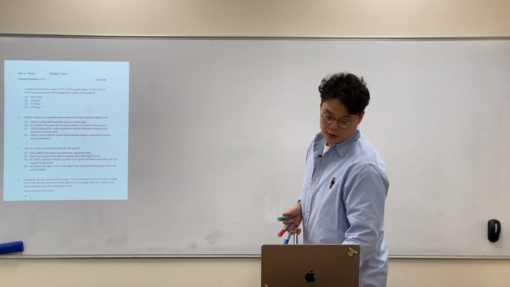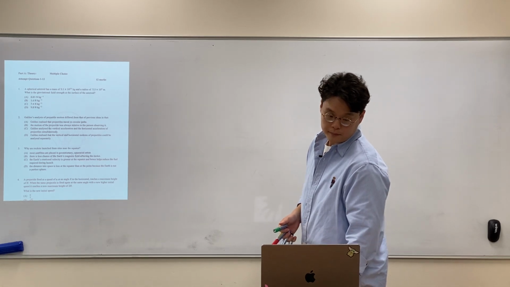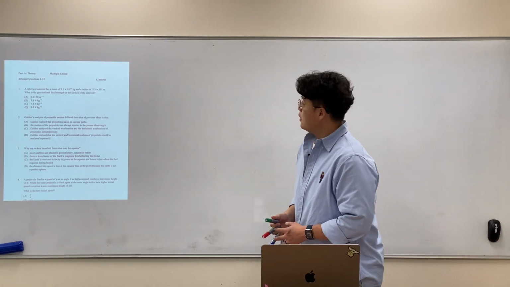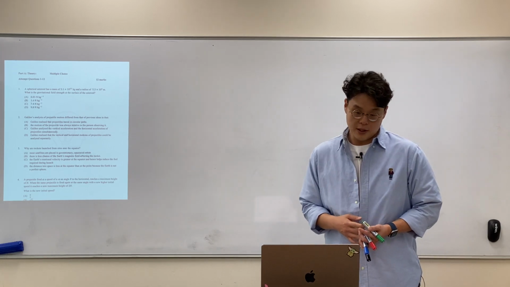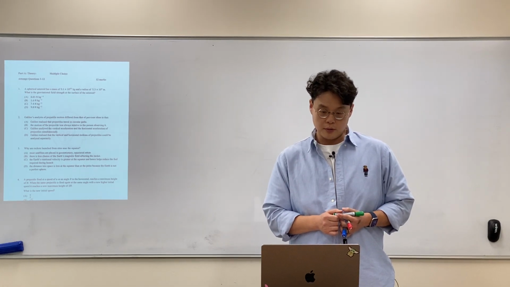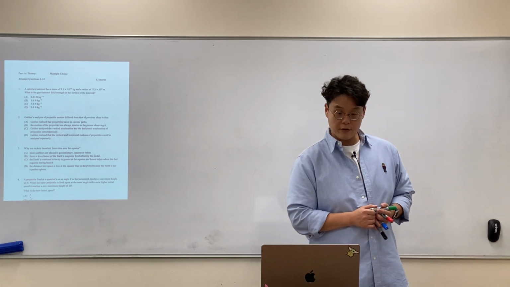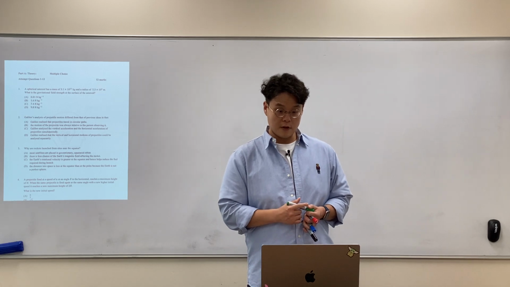All right, let's start from question 1. A spherical asteroid has a mass of 3.1 times 10 to the power 22 kilograms and a radius of 5.3 times 10 to the power 5 meters. What is the gravitational field strength at the surface of the asteroid?